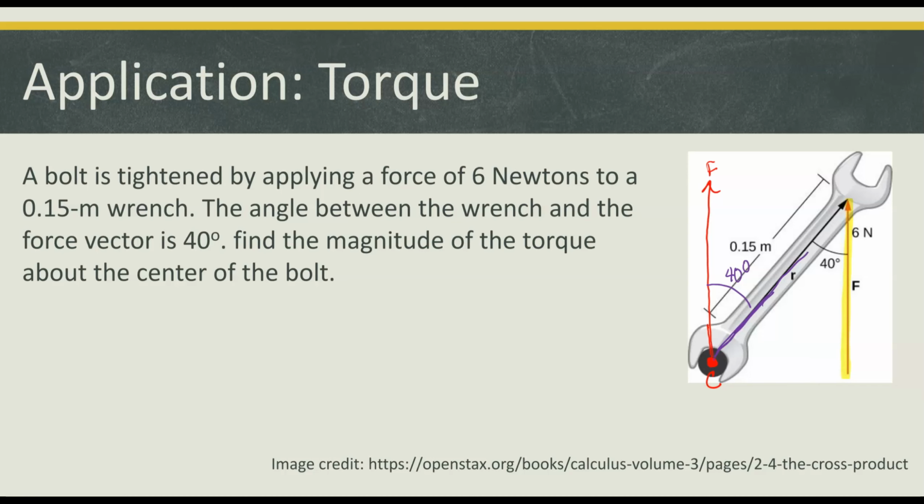So we're asked to find some information about the torque. So torque, or the Greek letter tau, is going to be our radius lever arm cross product with our force vector. Now notice that we're actually asked about the magnitude of that torque. So that's going to be the magnitude of torque is equal to the magnitude of the radius vector cross product the force vector.